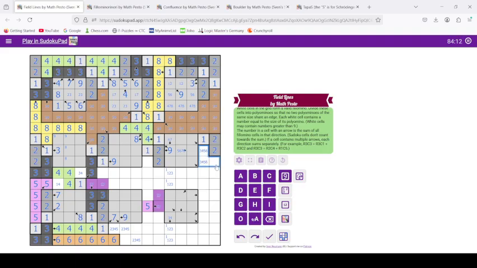So this would have to be 3 if it went here. Otherwise, it goes here. Intriguing.